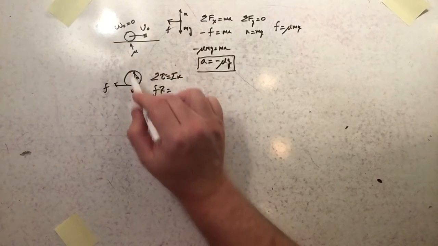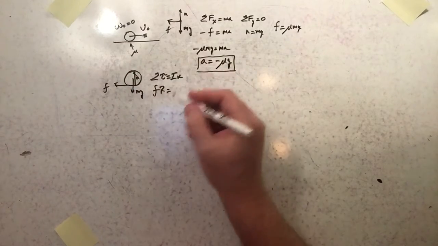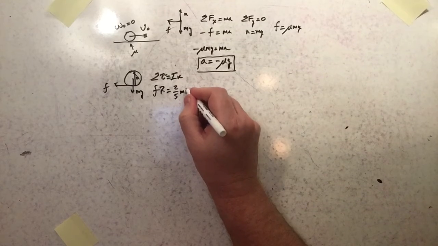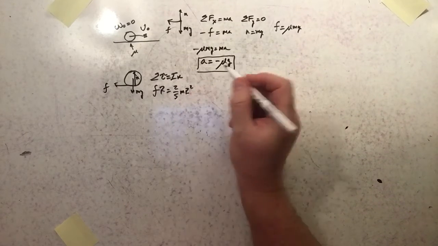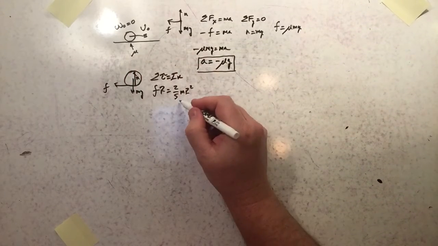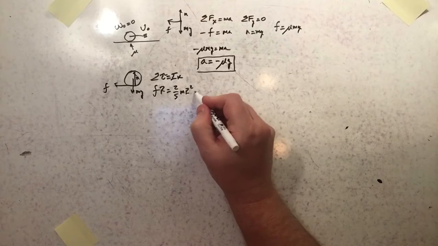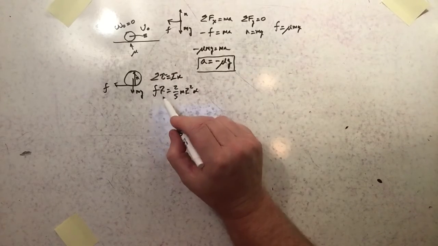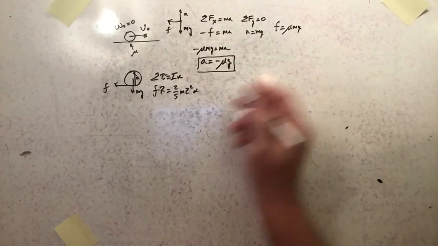We originally called this the bowling ball problem, so we're going to consider this to be a solid sphere. That has a moment of inertia of 2/5 mr squared. You could also do this with a ring or a disc, and the only thing that would change is you'd insert the correct moment of inertia times alpha. We can do some simplifying here. I'm also going to plug in the size of the frictional force, which is mu mg.